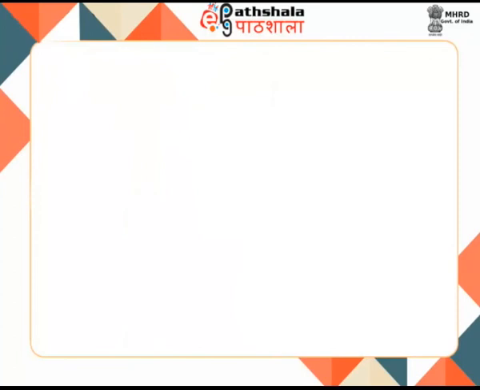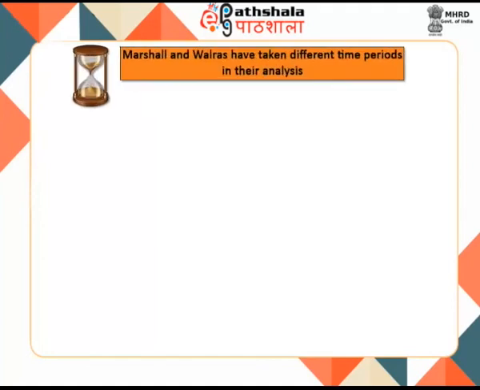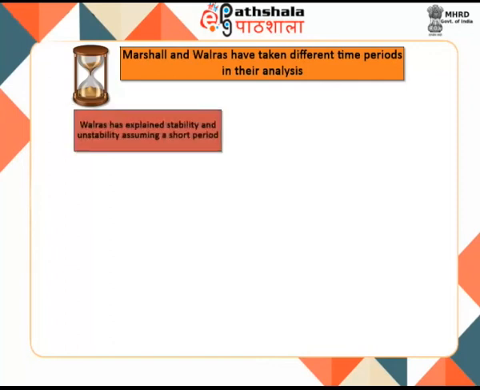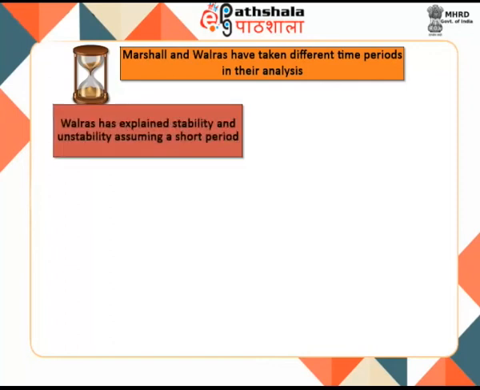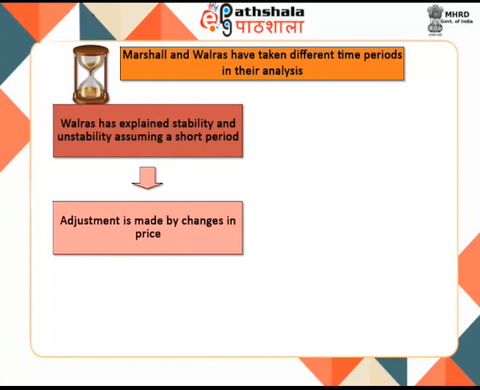Thus, the two approaches given by Marshall and Walras regarding the stability conditions of equilibrium are just opposite to each other. It is because both Marshall and Walras have taken different time periods in their analysis. Walras has explained stability and instability assuming a short period in which adjustment is made by changes in price.